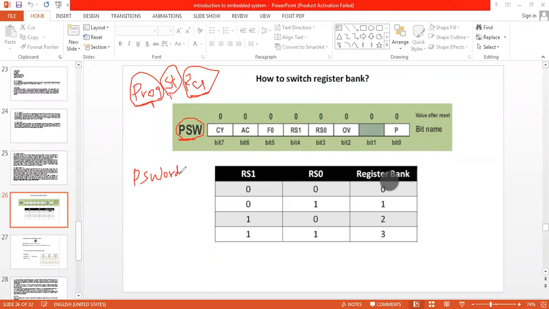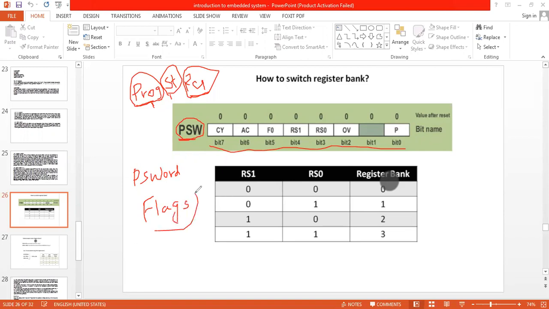So what are the things it is going to indicate? What status is it going to tell us about the program? Basically, PSW, Program Status Word, is an 8-bit register which updates different flags.